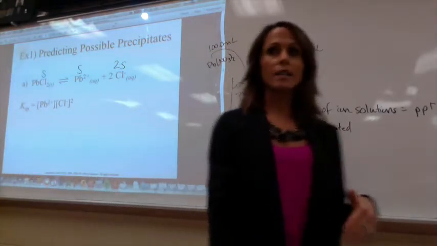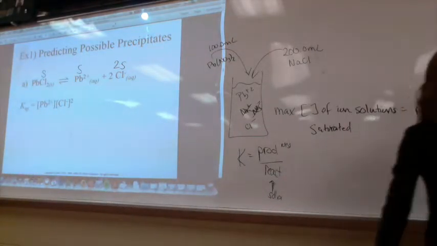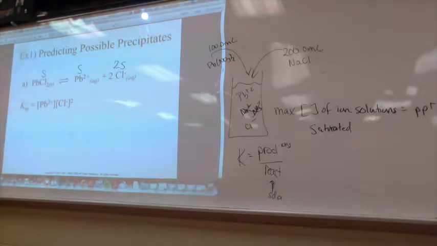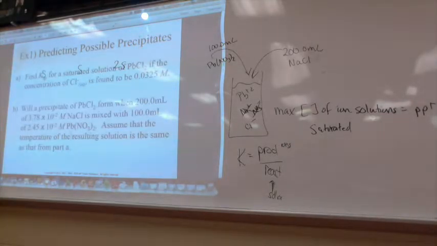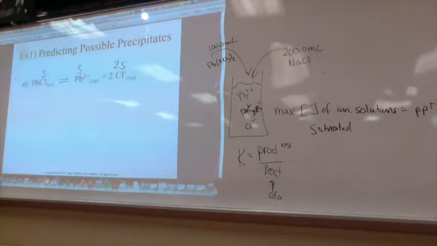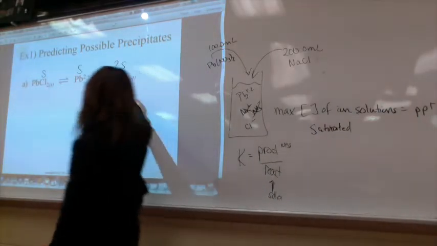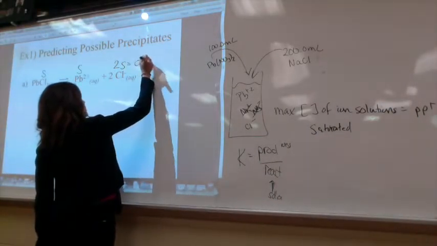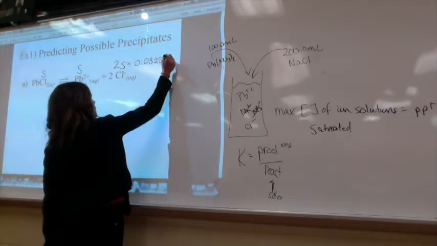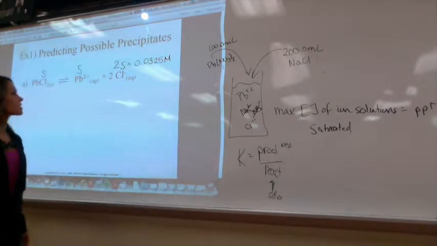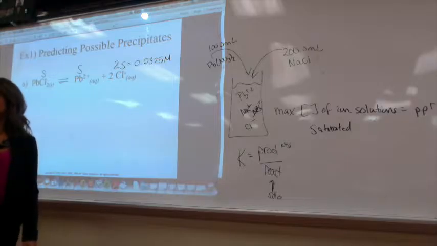So you have to look back at the slide and look at what the concentration was. What did they give you? They gave you the concentration of chloride to be 0.0325. But if we look at our reaction, this is equal to 2S. That's the concentration. So then what is S?